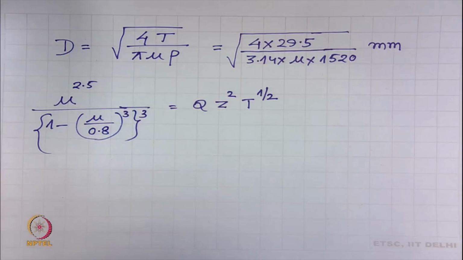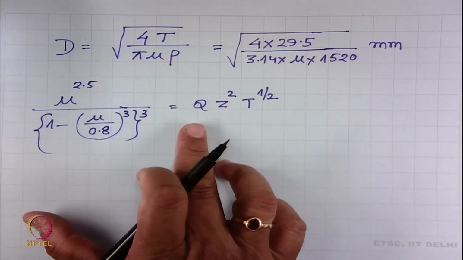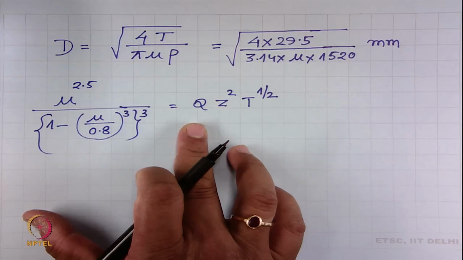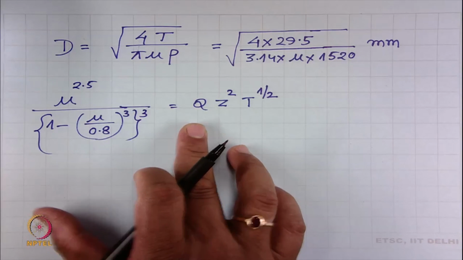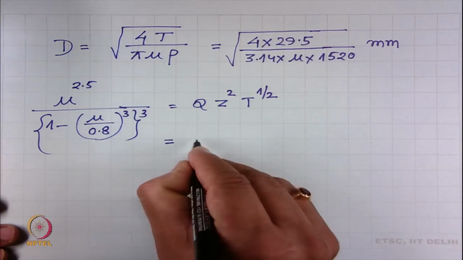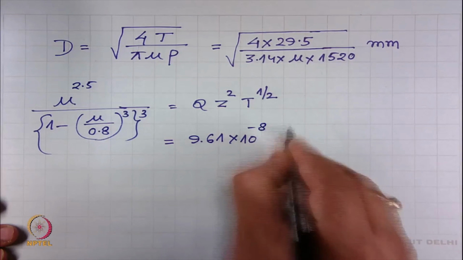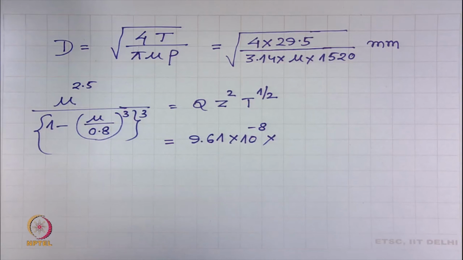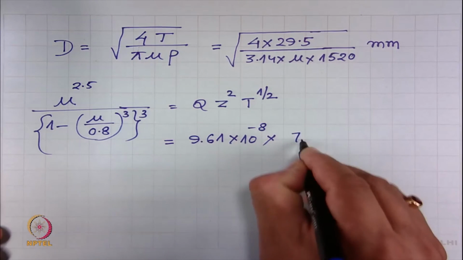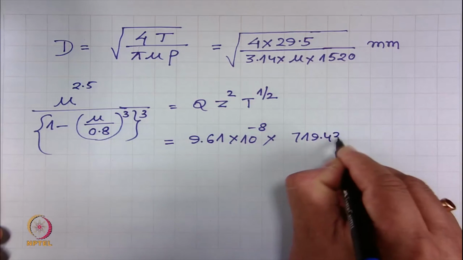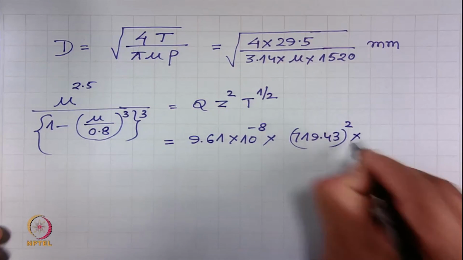You remember this formula from module 3. Now, for the carded ring spun yarn, Q is 9.61 into 10 to the power minus 8. We have already solved this problem there. What is Z? Z is your 719.43. And what is your T?